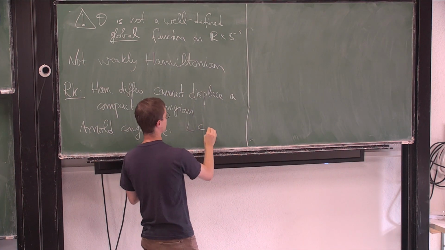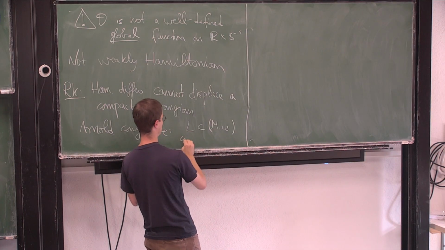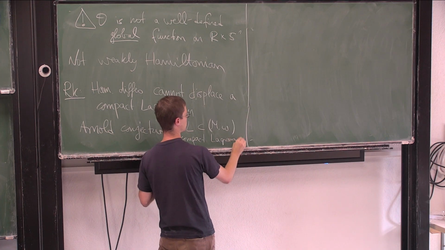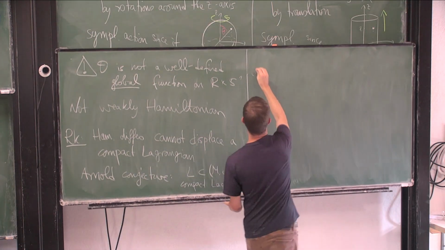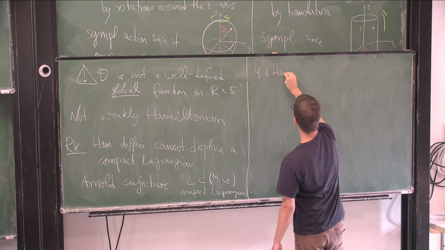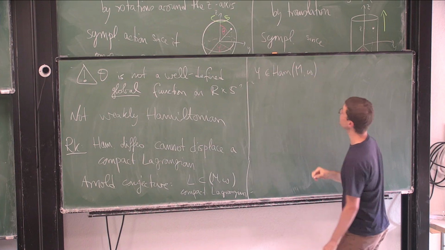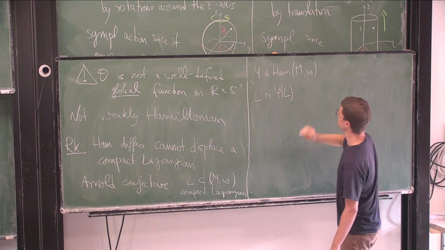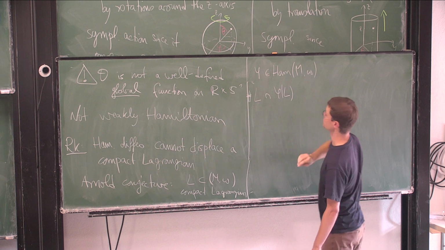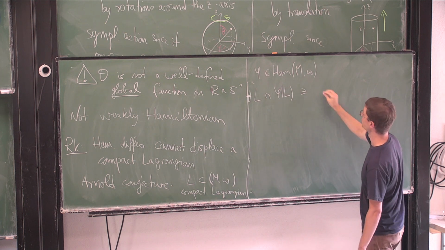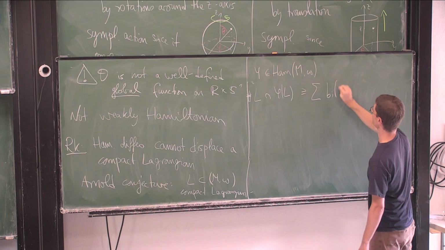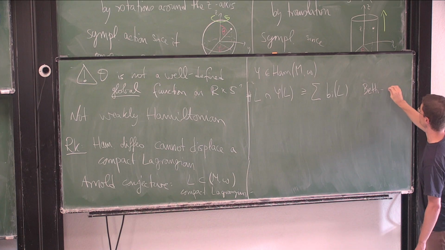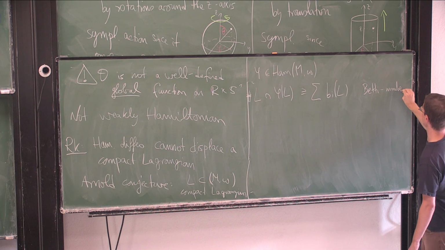When you have a compact Lagrangian L and a Hamiltonian diffeomorphism phi, then take the intersection between L and phi of L. The number of points in this intersection is at least, to be exact, the sum of Betti numbers of L, for those who know what it is. But just to say that this is at least 2.